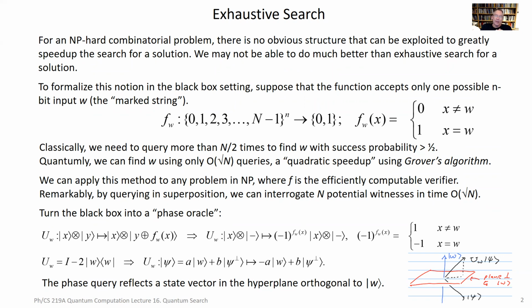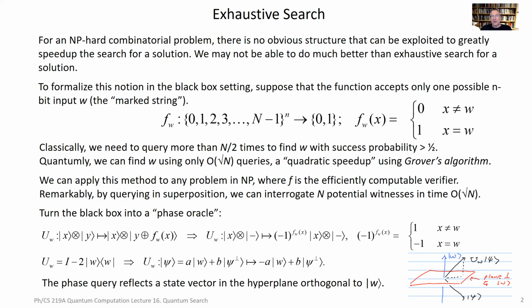One way we could always solve it is just by doing an exhaustive search for the solution. If the problem's in NP, we have a verifier. Every time there's a trial solution, we can check to see whether that input is really accepted by the verifier or not. And we could run through all the possible solutions, but of course that would be an exponential time algorithm because there are an exponential number of candidate solutions that we'd have to try.